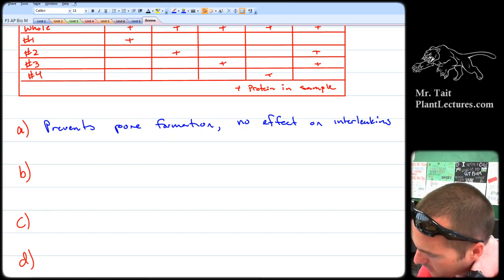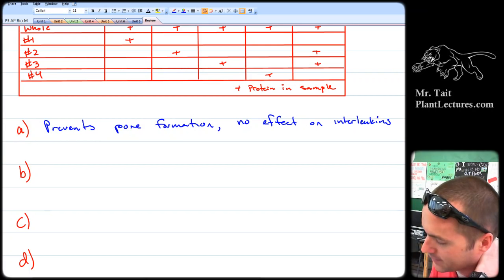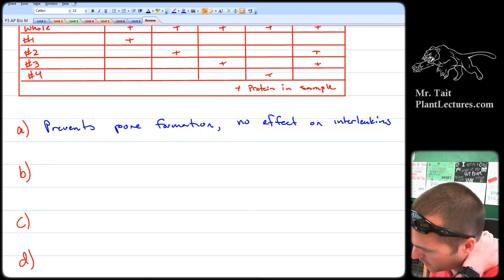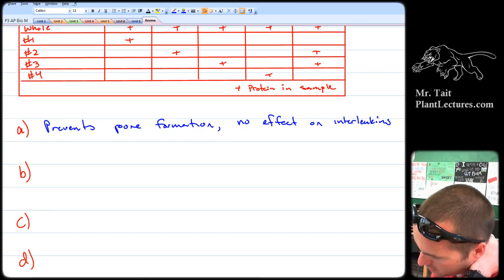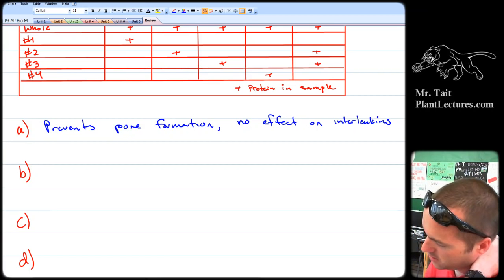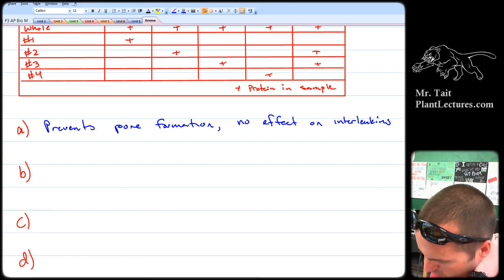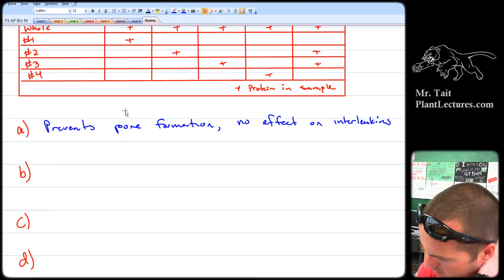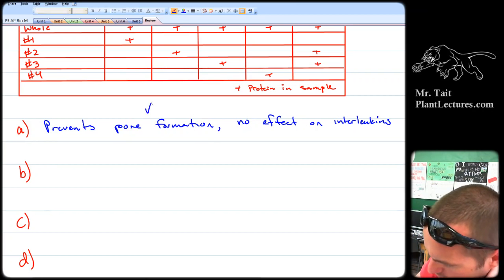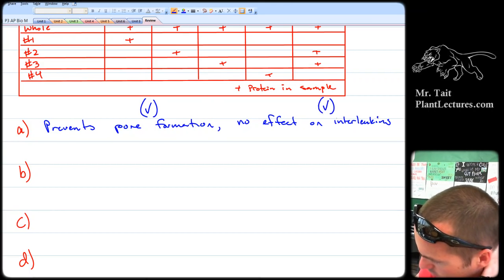It could cleave the gasdermin and the inactive interleukins, but I don't think it's meaning that it can only do it twice. I don't think it's saying it's used up afterwards. Since that doesn't contradict the other. Yeah, I think you're probably still okay. All right. So that was 2 points there. So 1 point for pore formation and 1 point for no effect on interleukins.